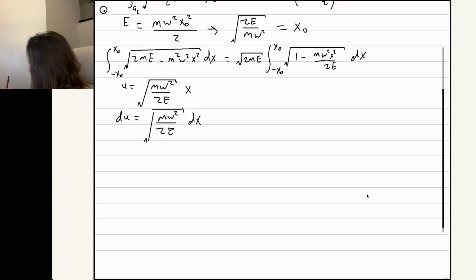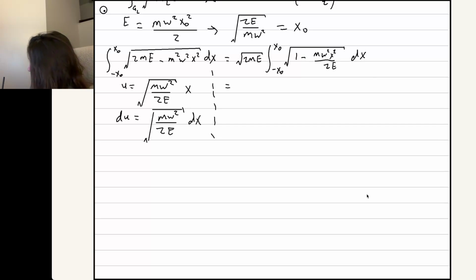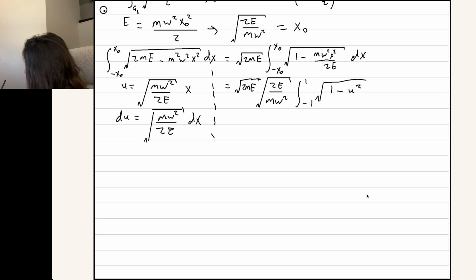So now this integral is going to be, I'm going to box this off a little bit, root 2mE times the square root of 2E over m omega squared, and now it's the integral from minus 1 to 1 of the square root of 1 minus u squared du.